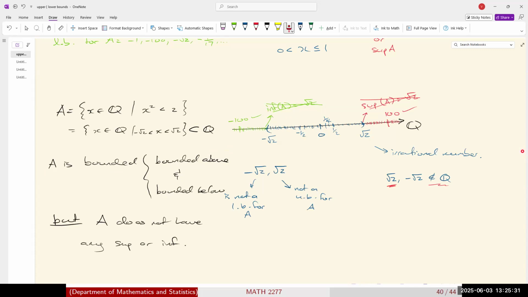So look, here is an ordered field, Q. Here's an ordered field where there are bounded sets with no supremum and infimum. That is why we cannot use the rational numbers to do analysis, because we want the guarantee. In analysis, we want a guarantee. The moment I have a bounded set, I have a supremum and an infimum. We need that guarantee in order to do analysis.